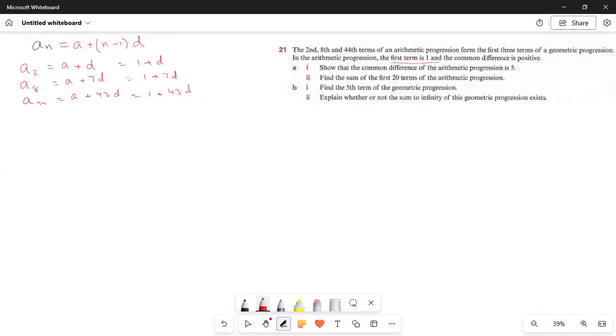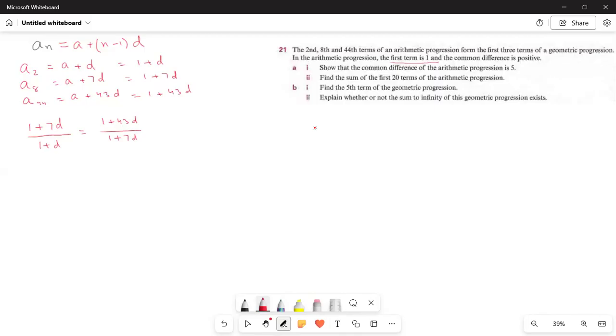So it means 1 plus 7d divided by 1 plus d would be the same as 1 plus 43d over 1 plus 7d. Make sense or no? In a geometric progression, the ratio between the second and first term is the same as the third and the second.